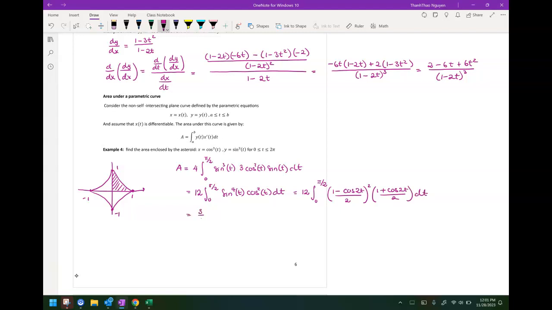Now we have 3/4 integral from 0 to pi over 2 of 1 minus cosine 2t minus cosine squared of 2t plus cosine cubed of 2t dt. Evaluate this at pi over 2 and do this integral.